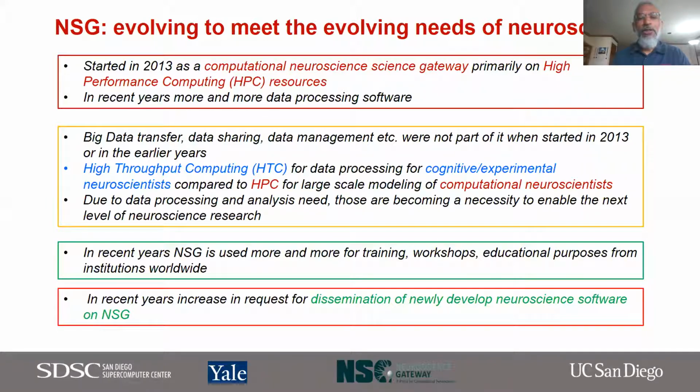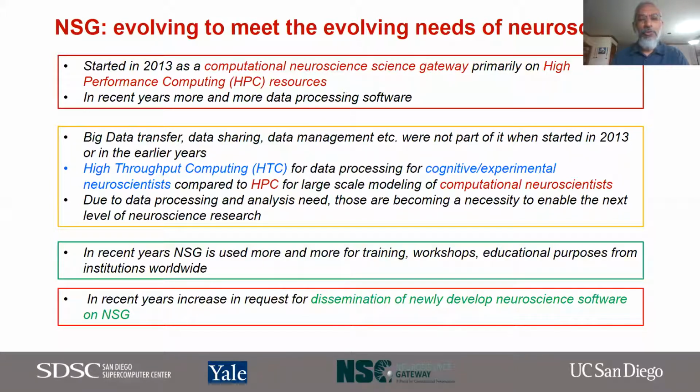Just to give an idea of how NSG has been evolving, because the research and computing needs of neuroscientists are also evolving. Initially, as I mentioned, in 2013, it was mostly computational neuroscience tools that were provided on high performance computing resources, that is, large supercomputers. But over time, more and more cognitive neuroscientists and experimental neuroscientists started using NSG, and they process lots of data, but in a single core or single node.